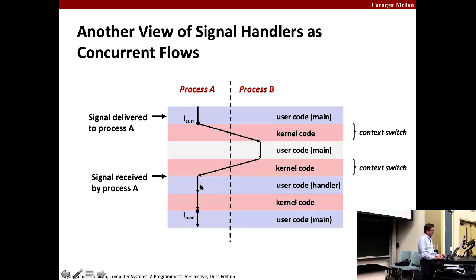So that executes the handler code. When the handler returns, it returns briefly to the kernel, which then transfers control back to the next instruction that the process was going to execute.